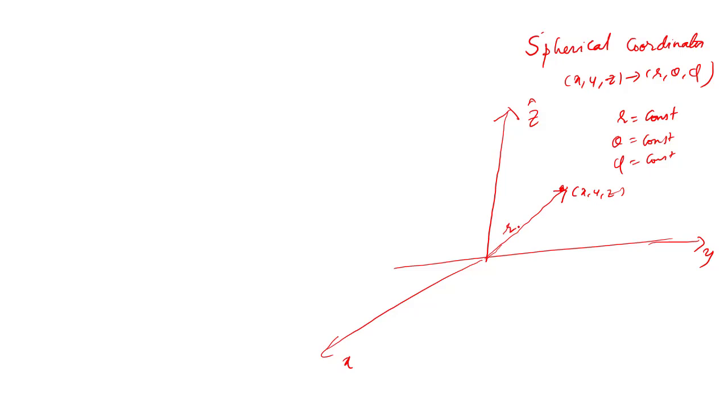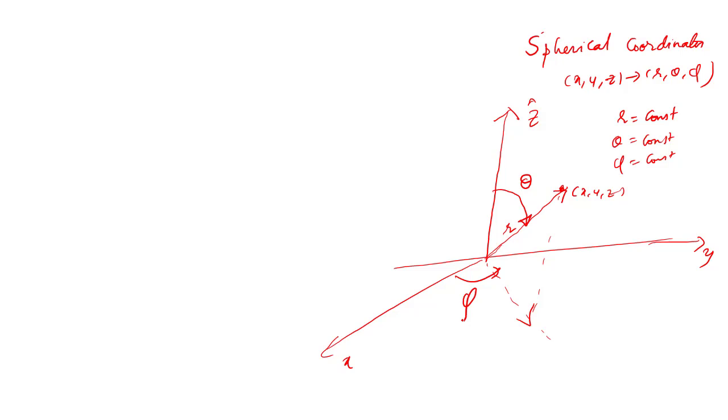as r, right? And the angle with respect to the z-axis is theta. And down here, if you project this, then this angle is phi. So that's what forms the spherical coordinate system.